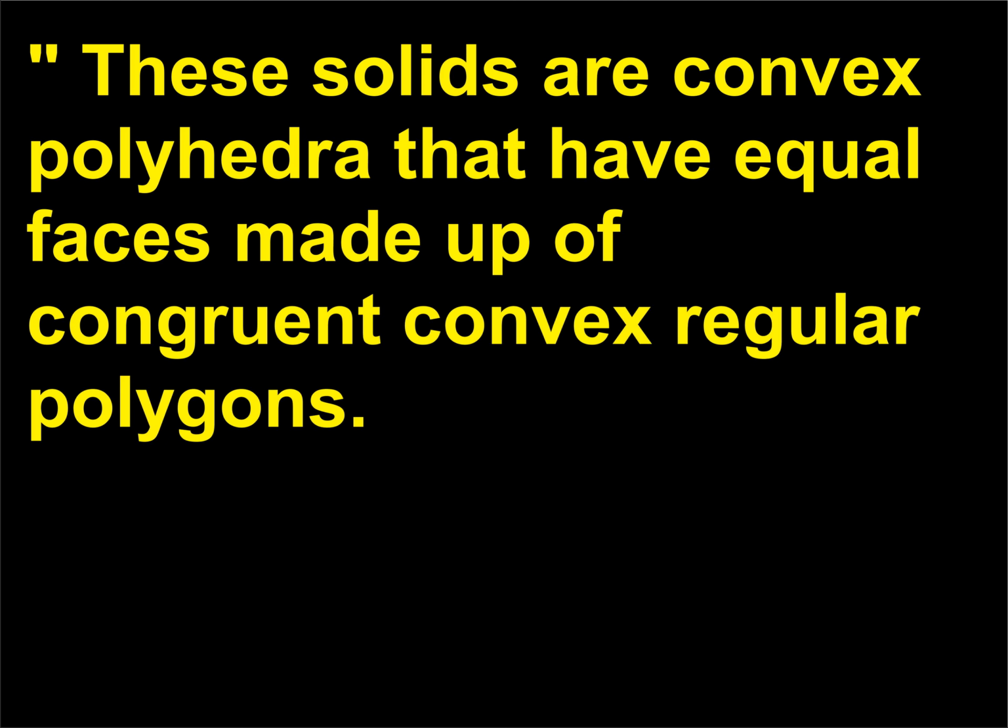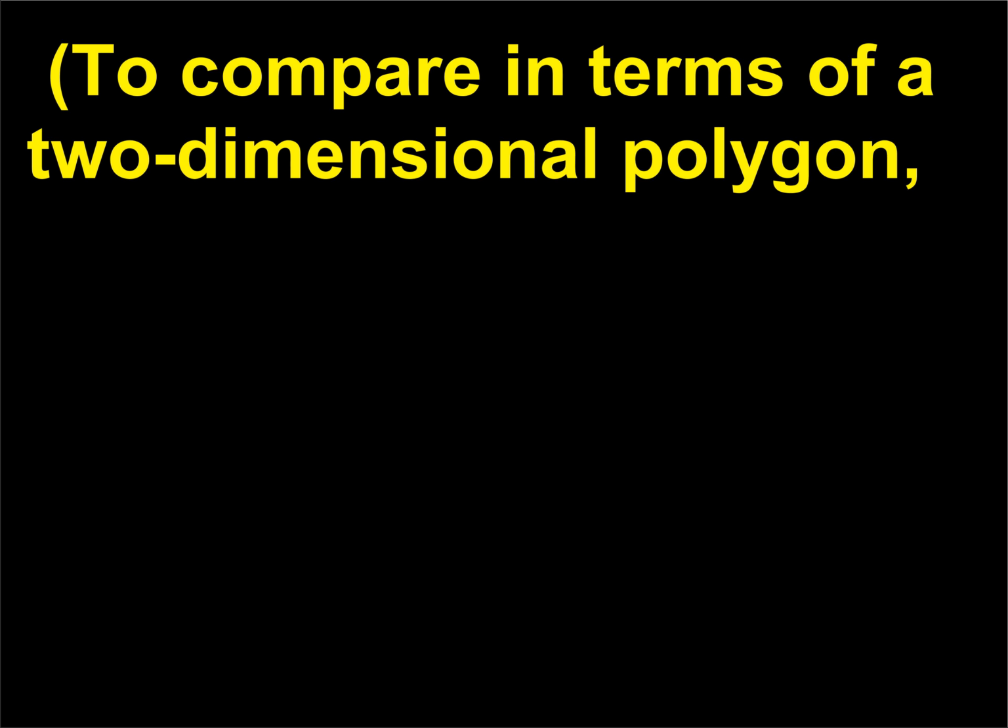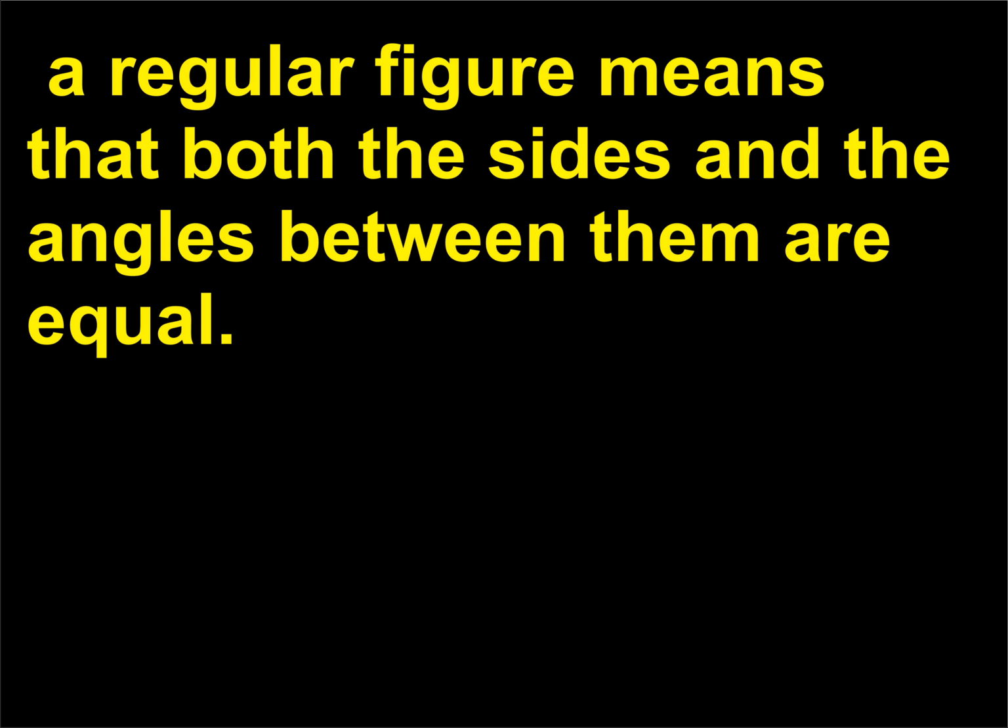These solids are convex polyhedra that have equal faces made up of congruent convex regular polygons. To compare in terms of a two-dimensional polygon, a regular figure means that both the sides and the angles between them are equal.